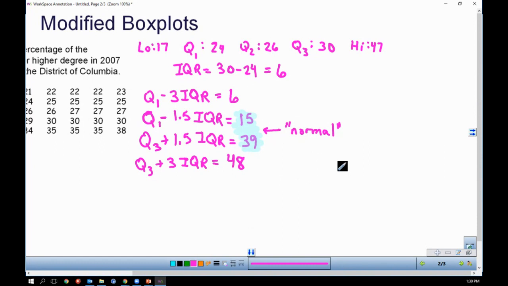If it's in that range, it's not an outlier. If we're in that range, this is a mild outlier. Same with that one. That range is mild. Now, if we're beyond those, that's what would be extreme.